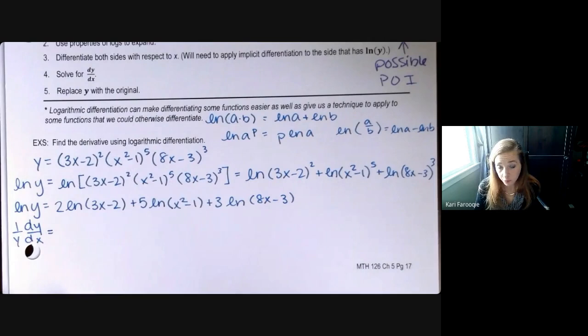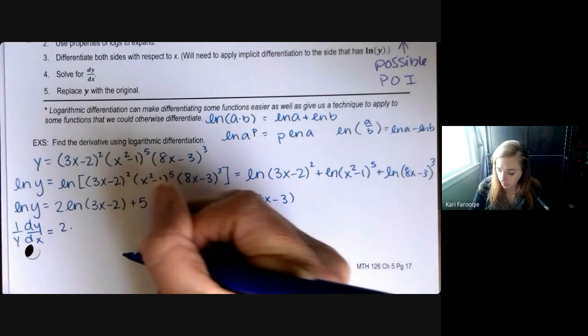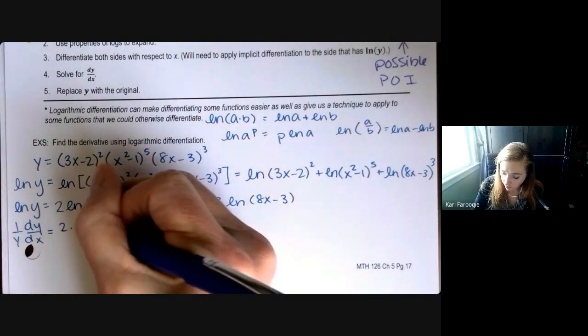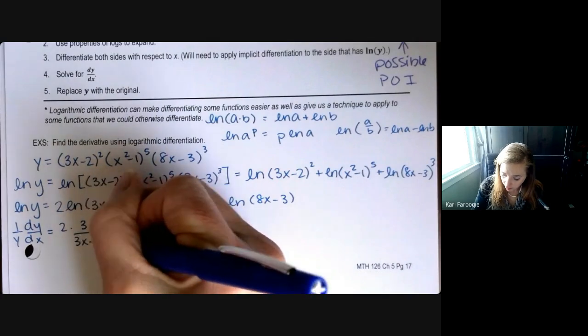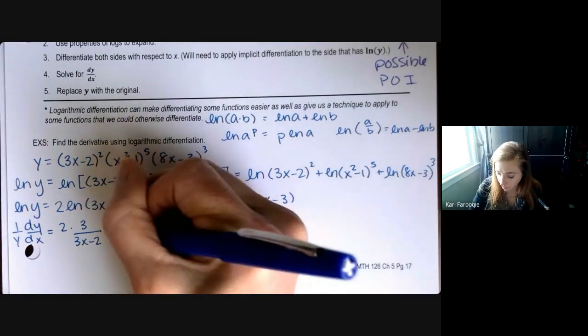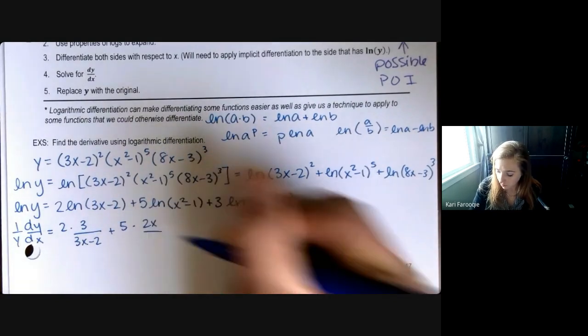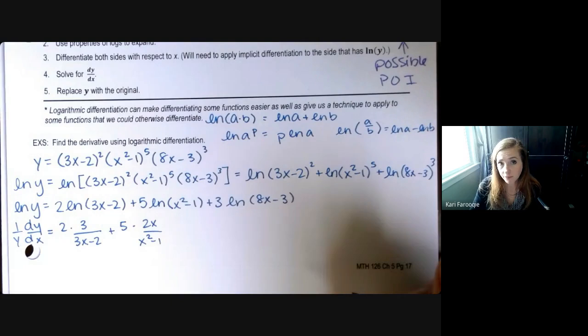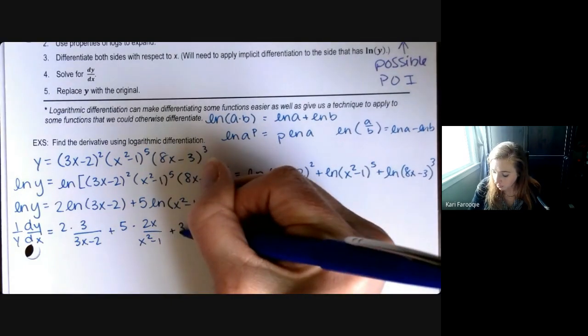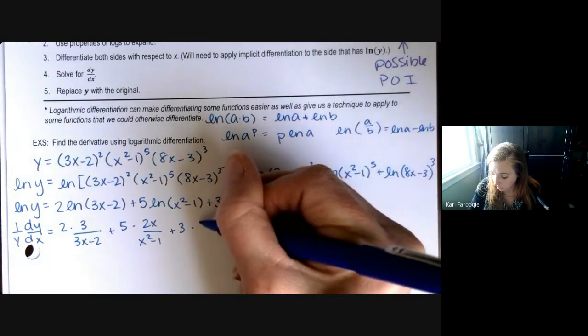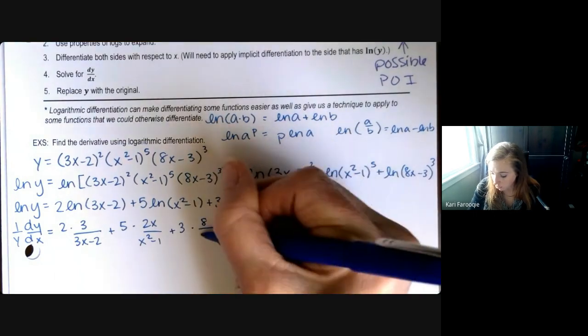All right, now we'll take some more derivatives. 2 times the derivative of the inside divided by the original. Let me do that again. The derivative of the inside divided by the original, and 3 times the derivative of the inside divided by the original.